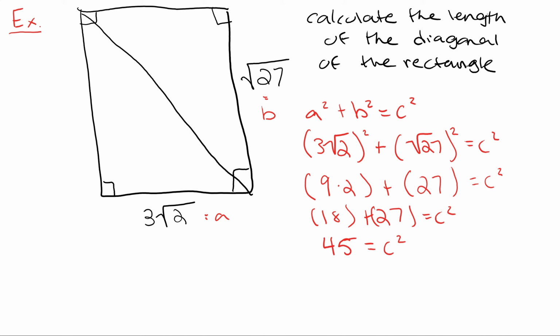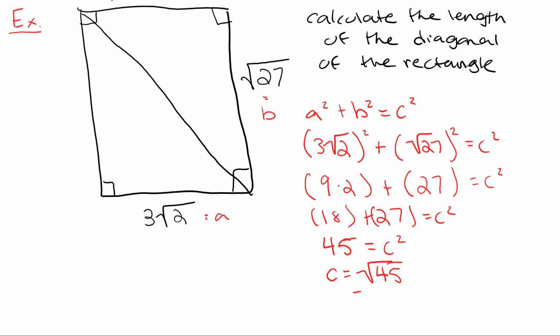We want to simplify this though. So we're going to say c is equal to root 45. But we know now how to simplify a radical, so we're not just going to leave it like that. If there are any factors of 45 that are perfect squares, we are going to take them out and evaluate them.